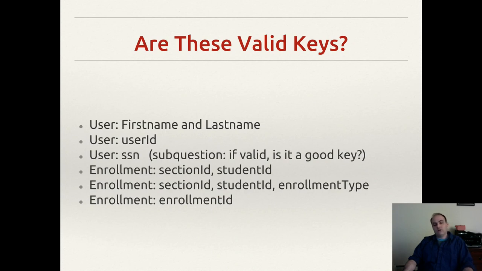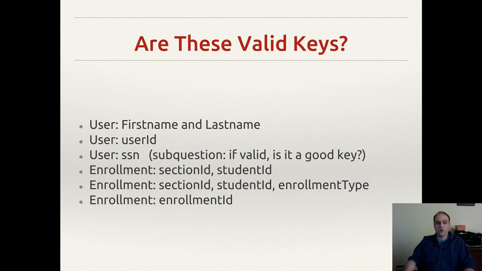Now, what's important to note is that you will oftentimes have relations that have multiple possible candidates for keys. You could say, for example, in a user table, have a user ID, a social security number, and an email address. Believe it or not, any one of those three could be unique.